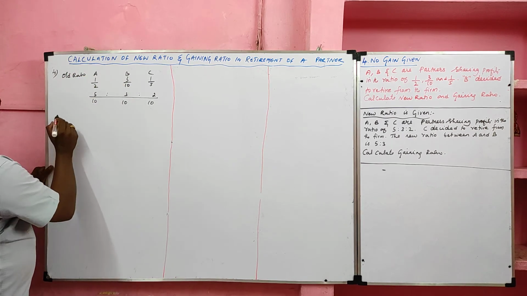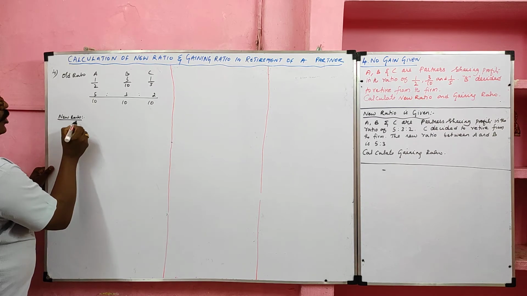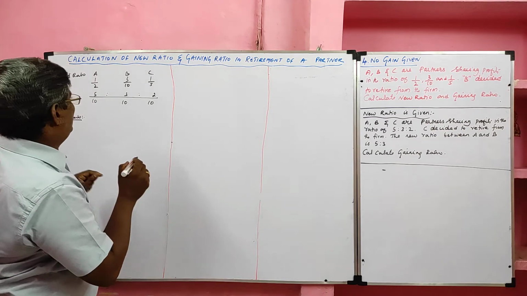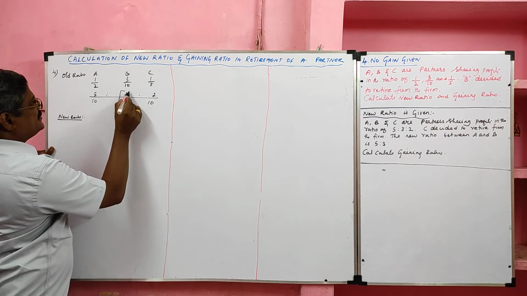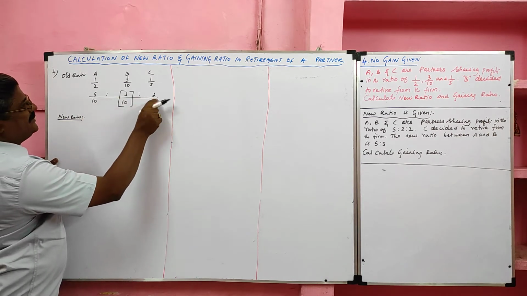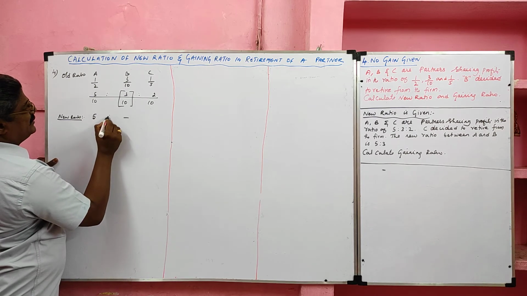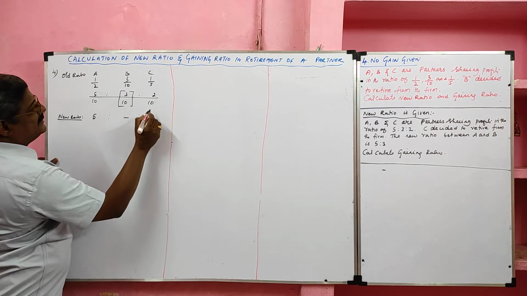Now I am going to calculate the new ratio directly. Who is retiring? B is retiring. So the continuing partners are A and C. A shares 5. C shares 2.